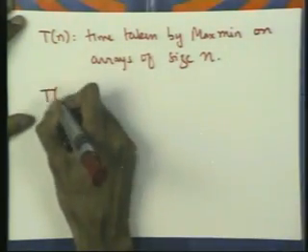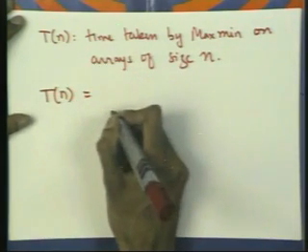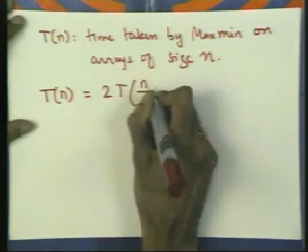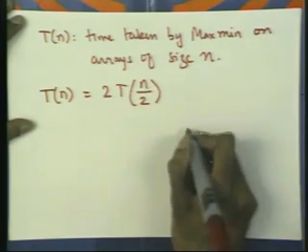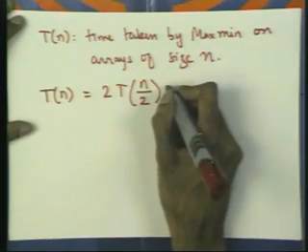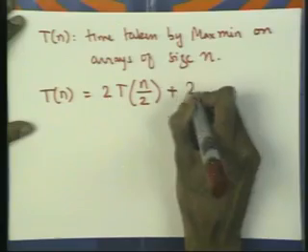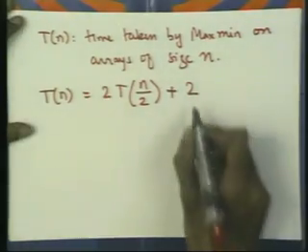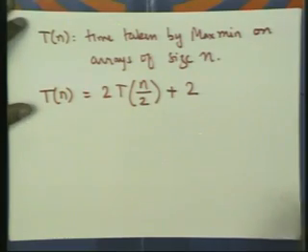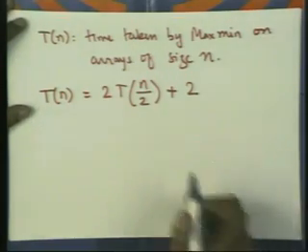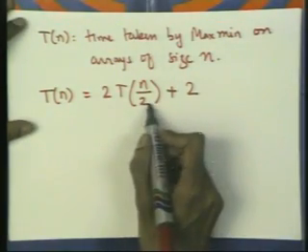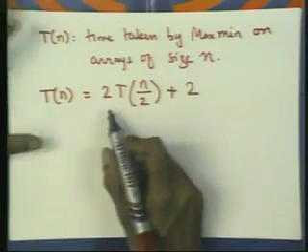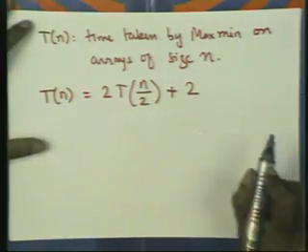Then Tn is, there are two problems of half the size. You solve two problems of half the size, that is 2T(n/2), plus two more comparisons, one between the two maxes to get the new max, one between the two mins to get the new minimum. So this is for the recursive call: you call the left hand side, n by 2, right hand side n by 2, and then 2.